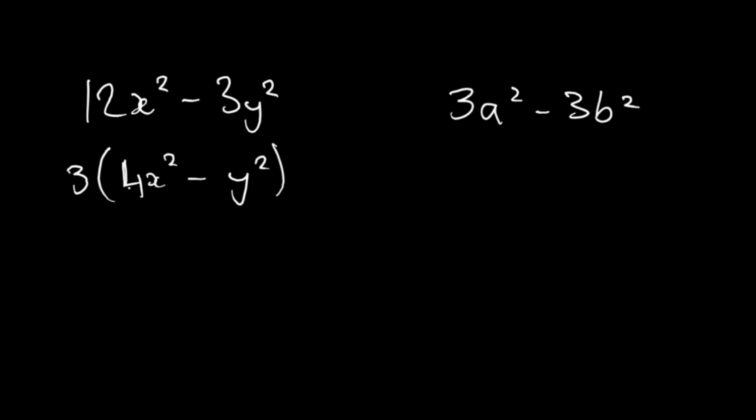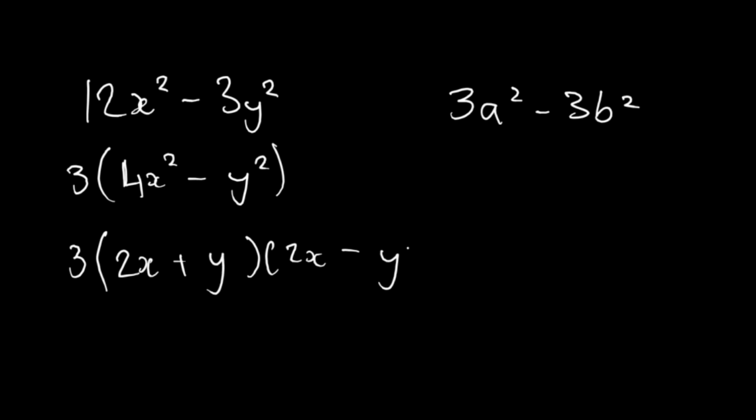The square root of 4 is 2. So you have your a squared term and you have your b squared term. So you keep the 3 outside, and then you create the a and b brackets. So the square root of 4x squared is 2x, 2x plus, 2x minus. The square root of y squared is y. You keep the 3 outside like this, and this would be your answer.